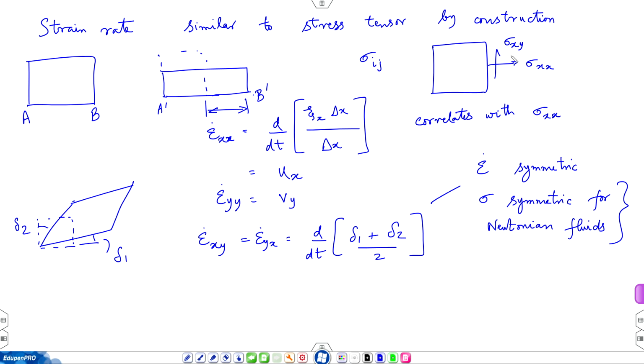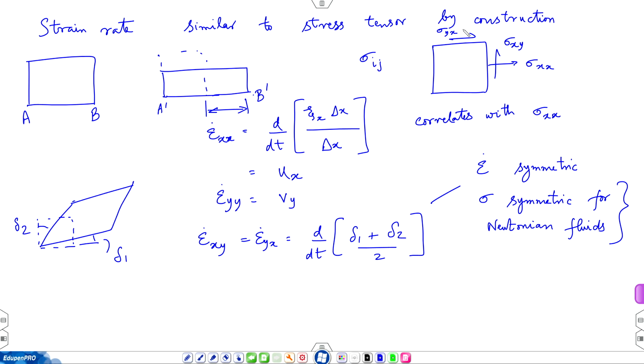This is at a point. So, sigma xy and this is sigma yx. If these two were not to be equal, then at the microscopic element level, there will be an unbalanced moment that will have to be cancelled by the molecular structure of the material. Air and water have a very simple, elementary, small molecular structure. These are not long chain molecules like polymers.